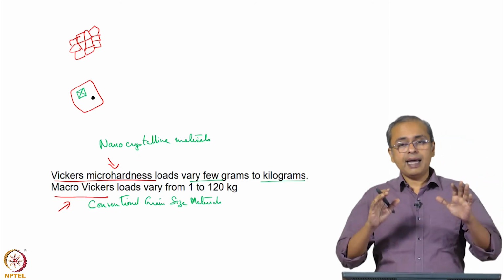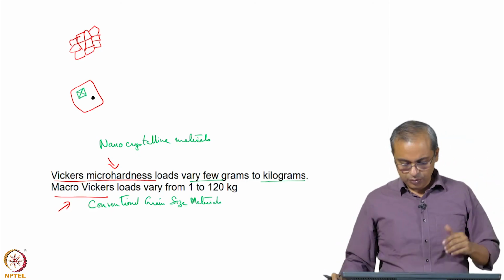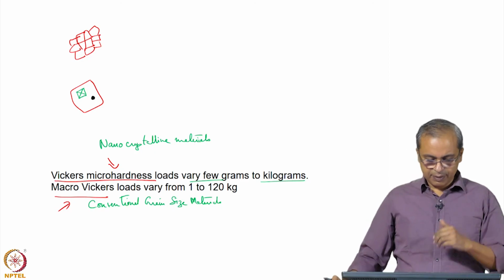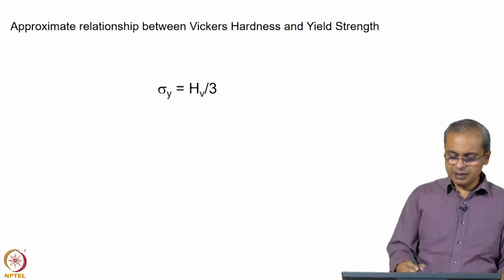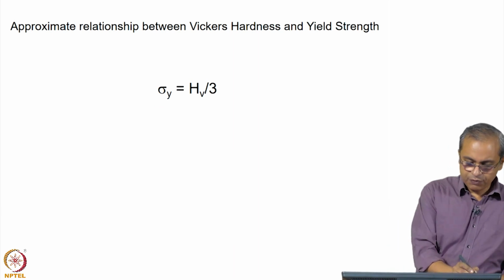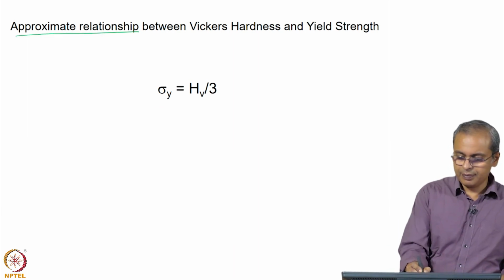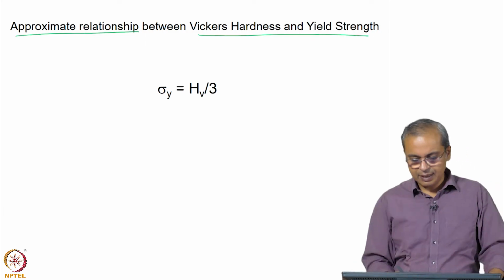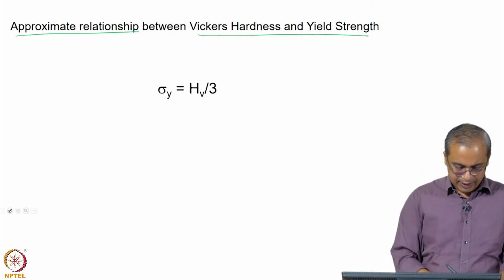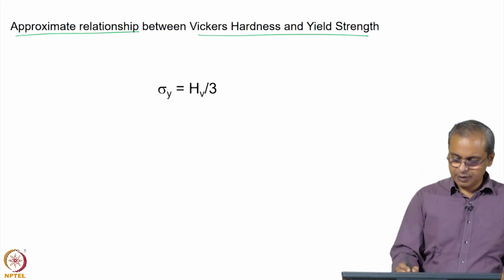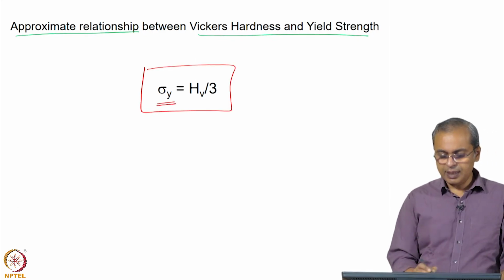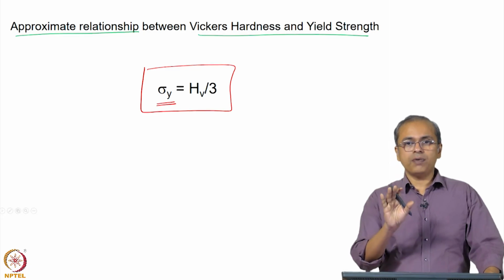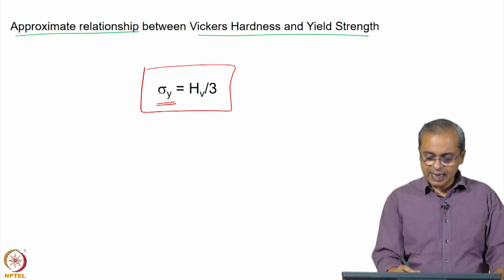Now, having gotten the hardness value, the one other detail that I would like to add before we close is that because of an approximate relationship between Vickers hardness and yield strength, the yield strength can be approximated as shown here. Using this approximation we can get the yield strength of that material based on the hardness value we have obtained.